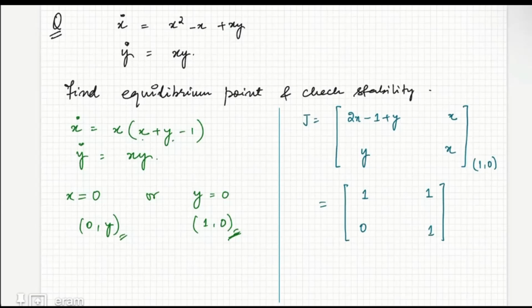Okay, what are the eigenvalues for this matrix?